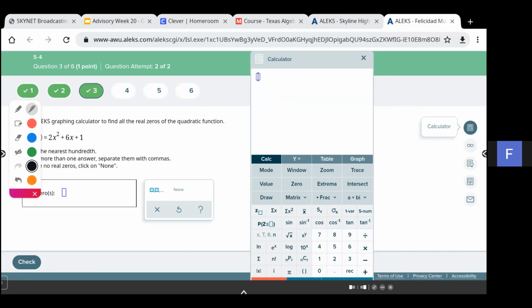All right, so I'm going to go y equals, and in this case, I'm going to do 2x squared. Not what I want. 2x squared. And I'm going to do plus 6x. Plus 1. And that is not what I want here.